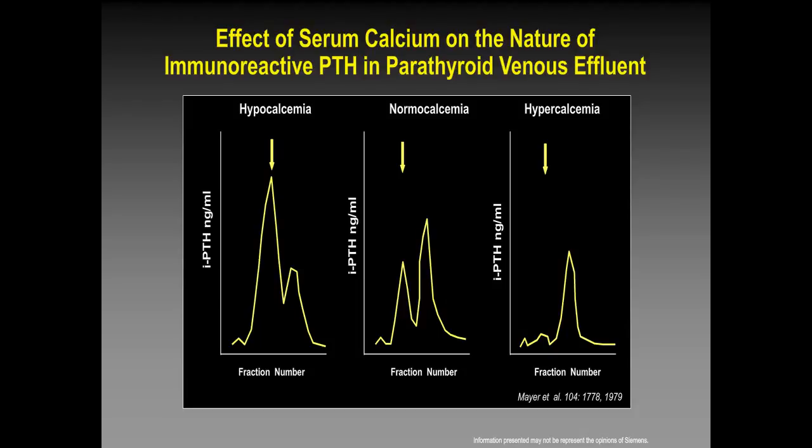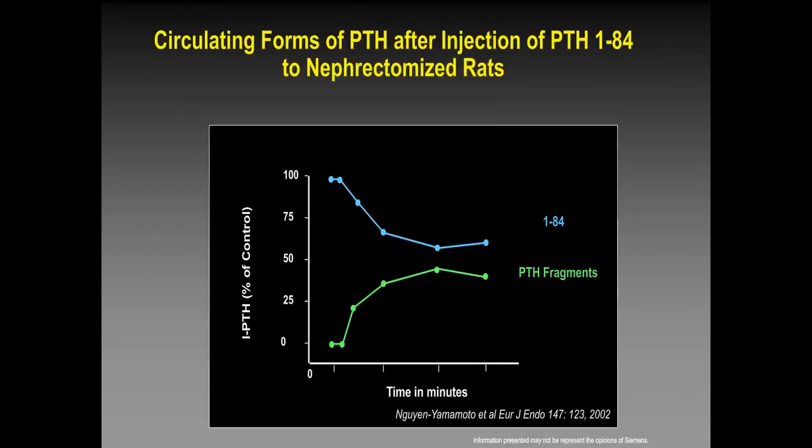So the fragments can be generated in the parathyroid and can be secreted under certain circumstances. But to complicate the issue, these fragments can also appear in the peripheral circulation, as shown in this experiment here, where an injection of intact PTH is given to an experimental animal, and you can see in the green line there's a gradual appearance of PTH fragments that accumulate over time.